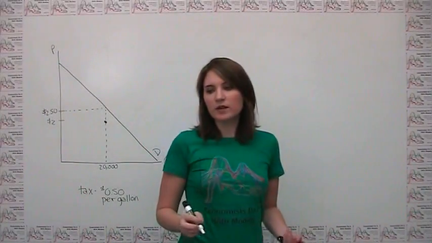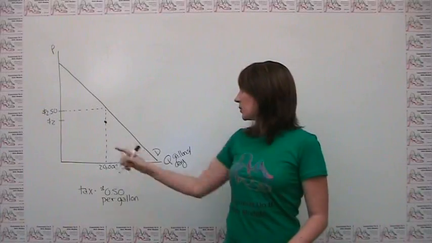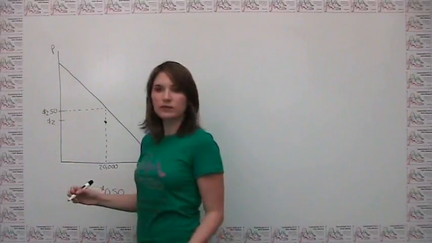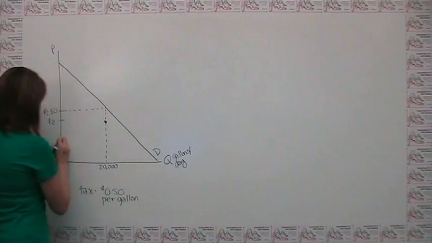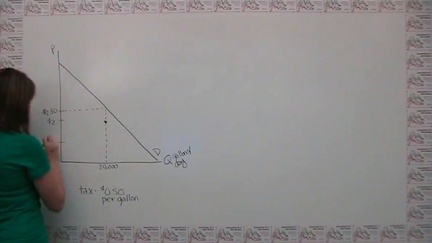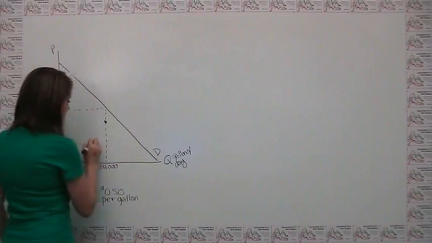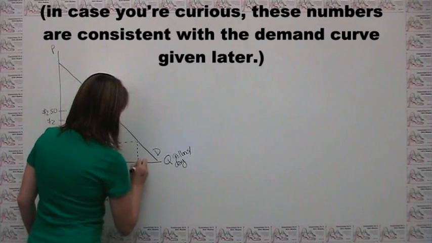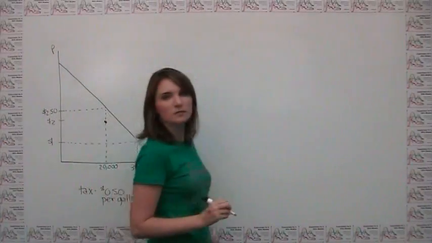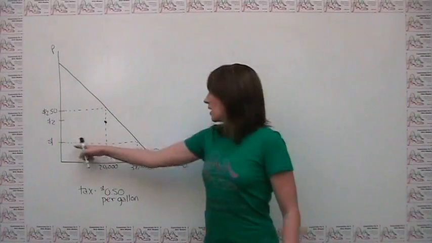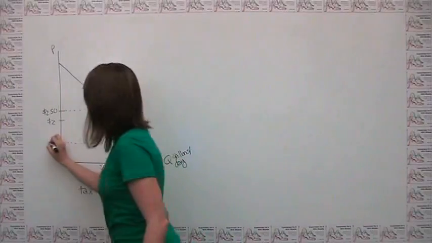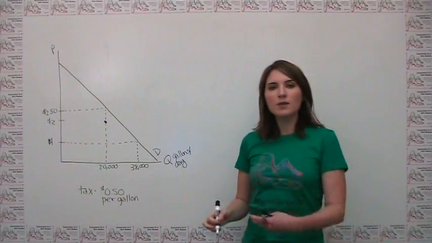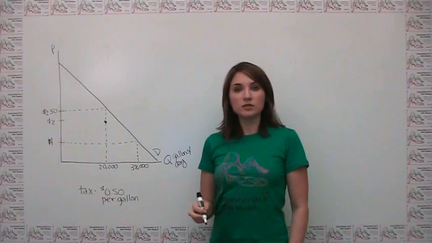And we can think about another point. Let's say we take a price of $1. And at a price of $1, consumers are willing to purchase 38,000 gallons of gasoline. Again, if the consumer's total outlay is going to be $1, how much of that is actually going to the producer?